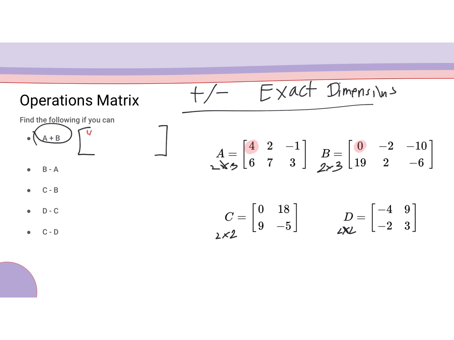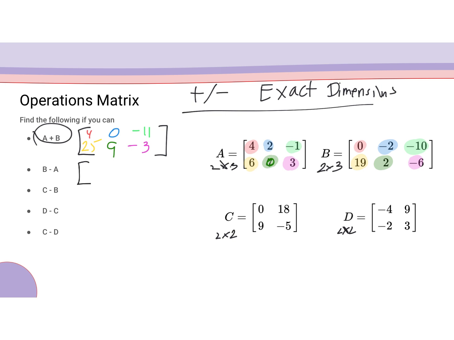So 4 plus 0 is 4. 2 plus -2 is 0. -1 plus -10 is -11. 6 plus 19 is 25. 7 and 2 gets me 9. And 3 and -6 together gets me -3.